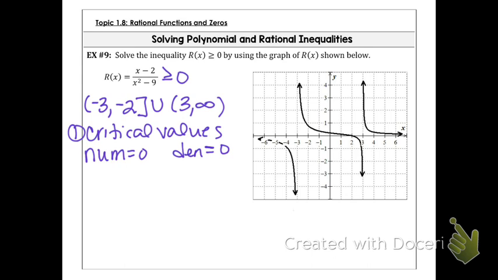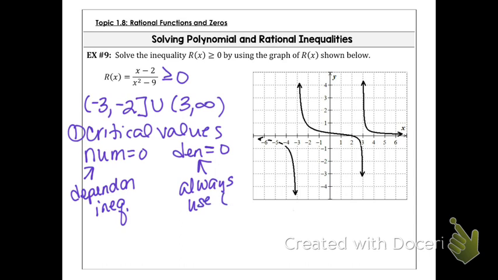The numerator will depend on the inequality. If it has an equal to, any number that comes out of the numerator will have a bracket. If it doesn't have an equal to, it'll have a parenthesis. The denominator can never equal 0, so it will always use parentheses. Any number that comes from that denominator is always going to have a parenthesis next to it.